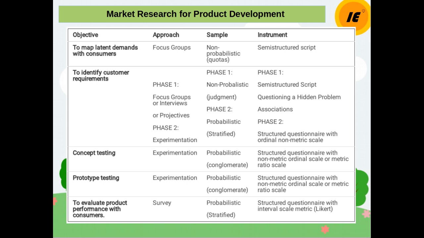So the approach here would be experimentation. So let me just again read it through. In the causal phase, the approach will be experimental, remaining with this for concept test and also for prototype testing.